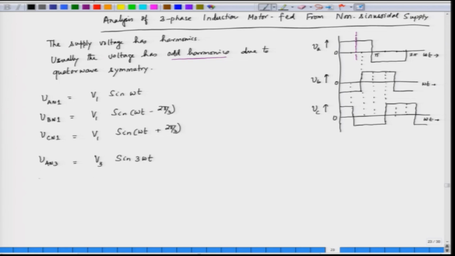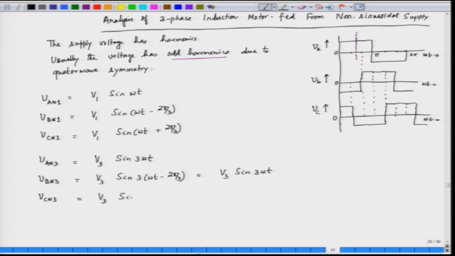Similarly, phase B, V_Bn3, is equal to V3 sin (3 omega t minus 2 pi by 3), that is equal to V3 sin 3 omega t once again. And what about V_Cn3, the third harmonic of phase C?